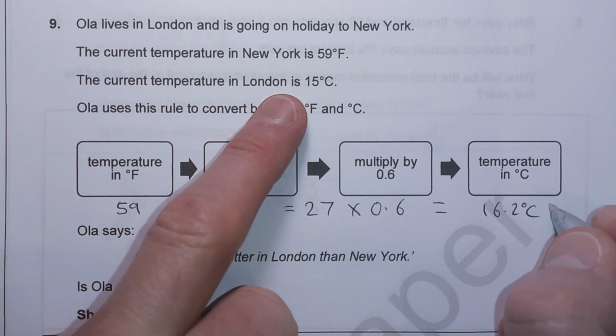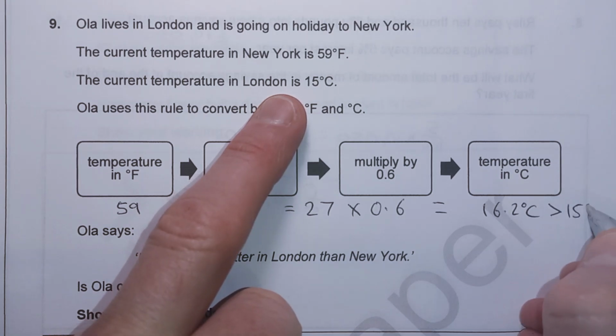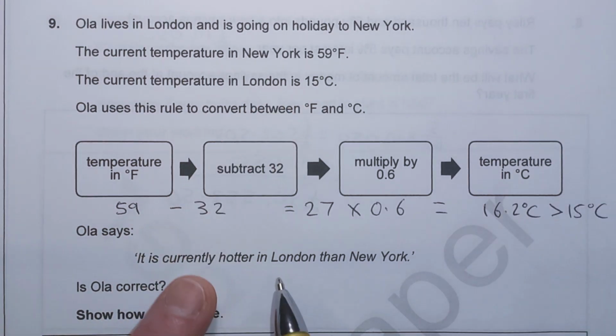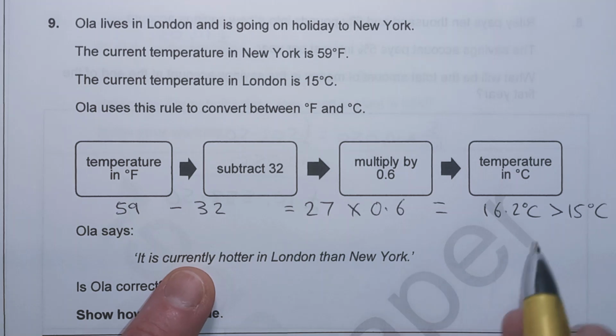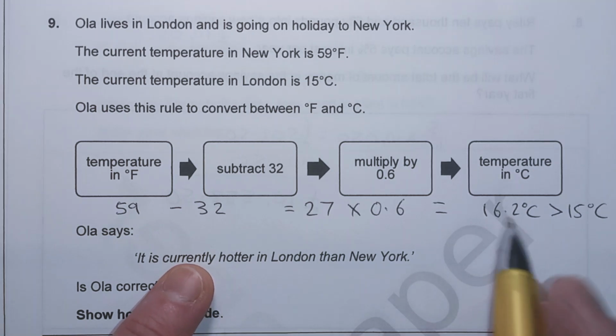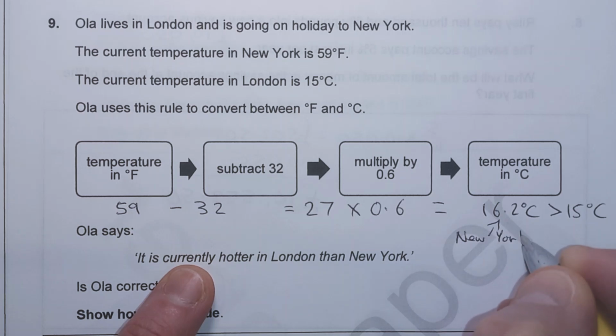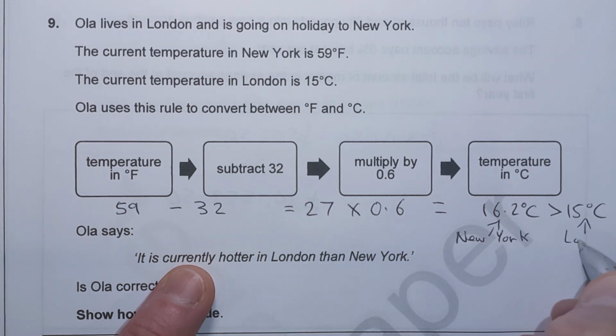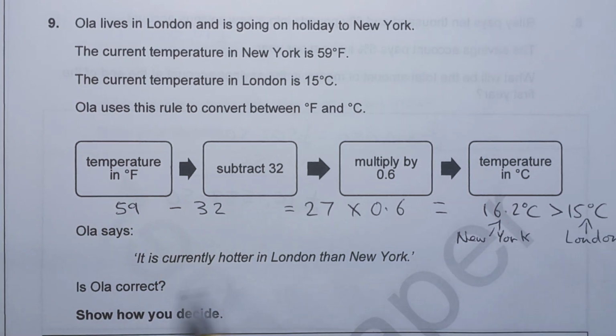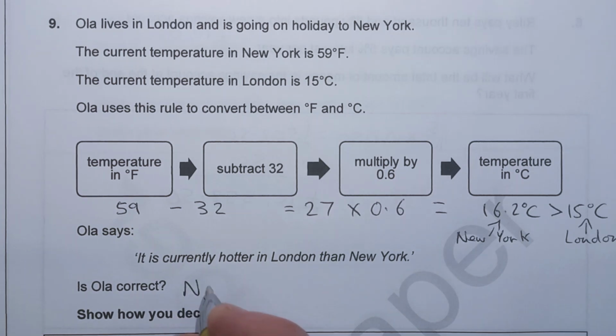Well, that is greater than 15 degrees Celsius. So it's currently hotter in London than New York? Well, no, this is the New York temperature, and this is London. So is Ola correct? No.